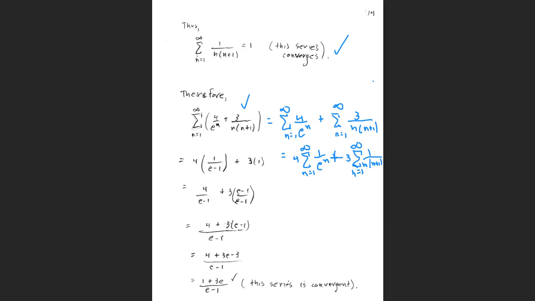And that then gets us, but we've established that the first series, the sum is 1 over e minus 1. And the second series, the sum is 1. So this then gets us here.